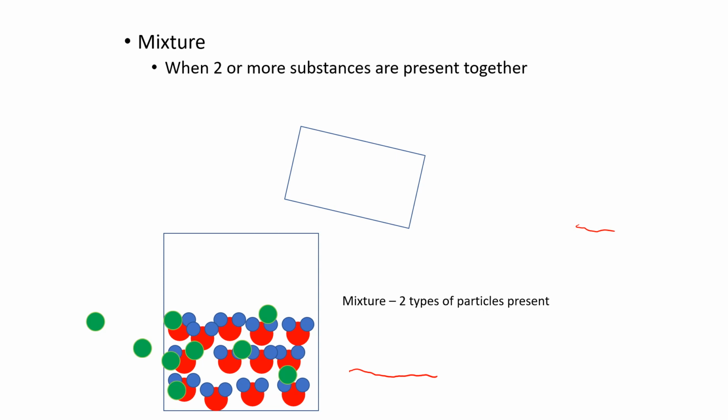So, for example, if you had something like coffee, coffee is a mixture. Even though it looks pretty uniform or looks the same throughout, it'll have water in it, it'll have caffeine in it, it'll have tannins, which gives it that black color, and then it'll have a whole bunch of different types of chemicals in there for its flavor.